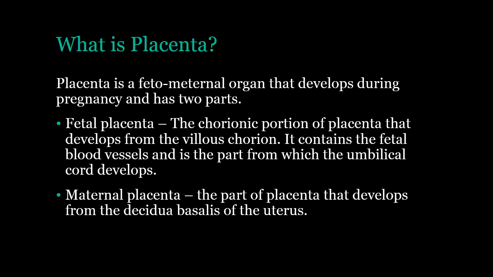The fetal part is the chorionic portion of the placenta, formed from the villous chorion. It contains the fetal blood vessels and from it develops the umbilical cord. The maternal placenta is the part of placenta that develops from the decidua basalis of the uterus. The placenta is shed off after delivery.